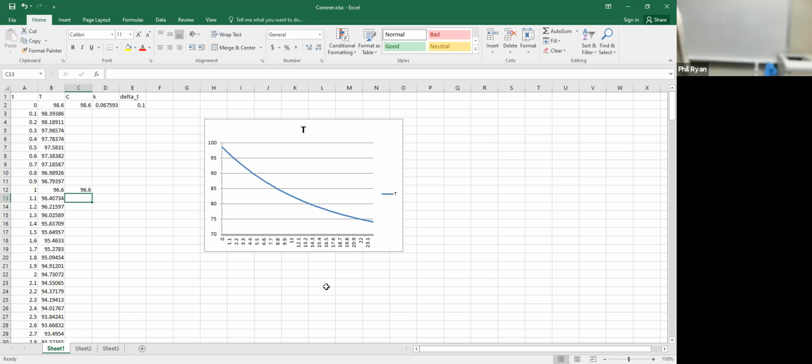Rate of change, which is the slope, right? So it goes 98.6 to 96.6. So if it's a linear function, it's going to go down by the same amount each time. So we want it to go -2 in 1 hour. Okay, so we want it to be -2 degrees per hour.